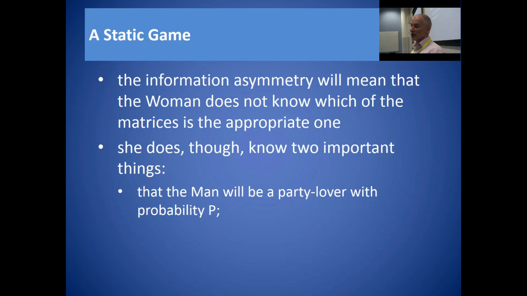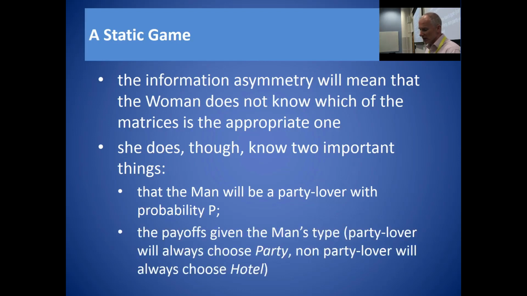But that probability that the man will be a party lover, we'll describe that as probability P, whatever P might be. So that's the first piece of information that the woman knows. She knows that probability that the man is going to be a party lover. We'll define that as P.